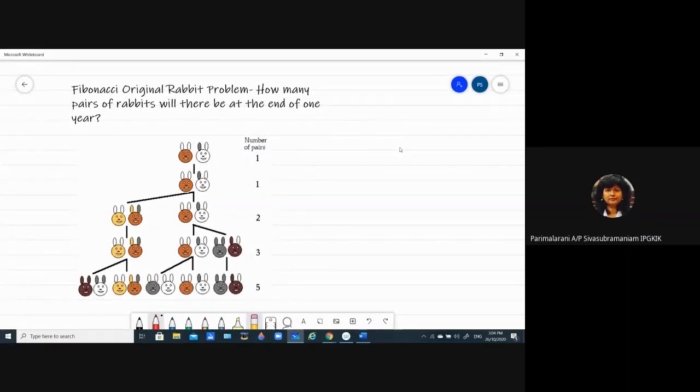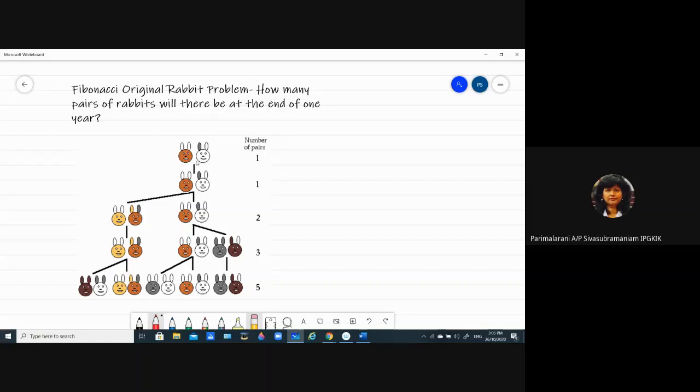Say you have a newly born pair of rabbits, one male and one female, and these rabbits are put in the field. They take 1 month to grow to become adults. Then at the end of 1 month, they can mate and produce a new set of rabbits. Do you understand that so far?